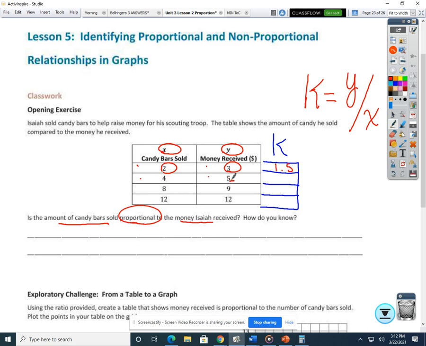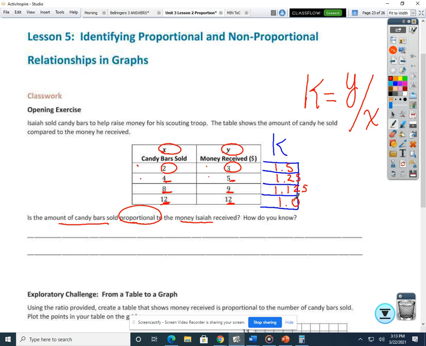For our second entry, our Y value of 5 divided by our X value of 4, we get a unit rate of 1.25. For our third one, our Y value of 9 divided by our X value of 8, we get a unit rate of 1.125. And for our last one, our Y value of 12 divided by our X value of 12, we get a unit rate of 1.0.